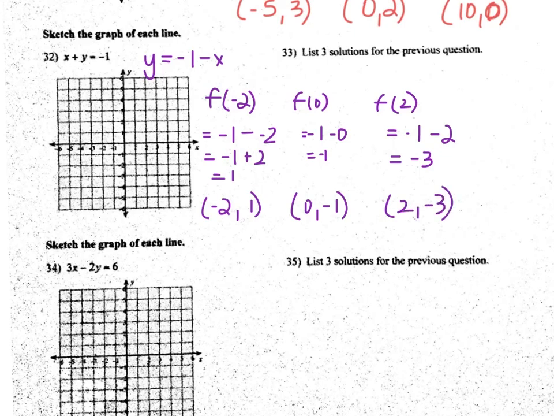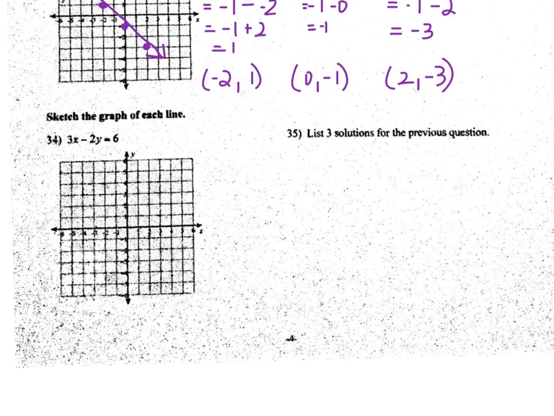All right, so when I go ahead and plot these points, (-2, 1), (0, -1), (2, -3), those should look like they're in a straight line. Oh my gosh, I just can't read. That's my issue. (2, -3). So now they're in a straight line, and we want to make sure that we connect them. All right, so that looks like a continuous graph. I know that's not super beautiful.